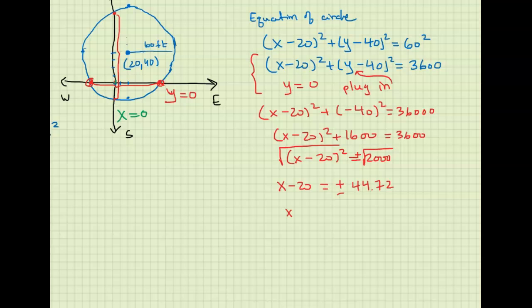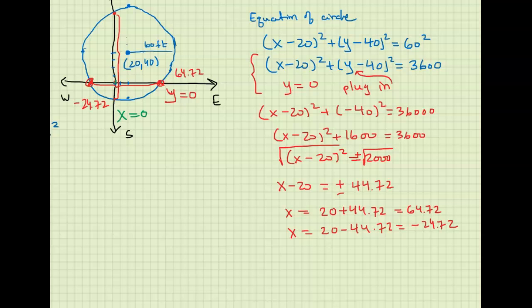Add 20 to both sides, so x is 20 plus 44.72, which is 64.72, or x equals 20 minus 44.72, negative 24.72. So this tells us this value here is negative 24.72, and that value here is 64.72.